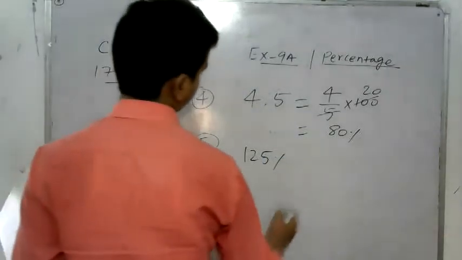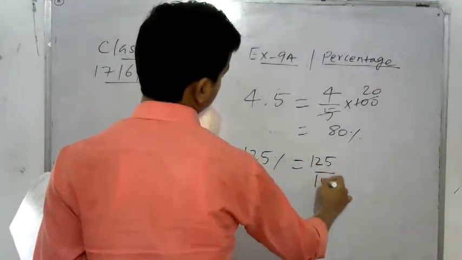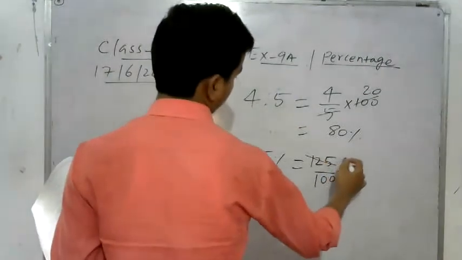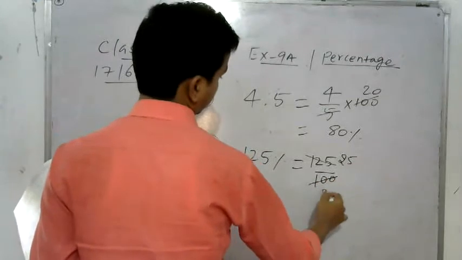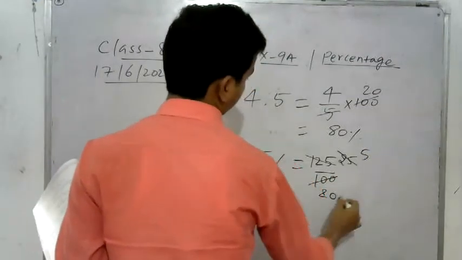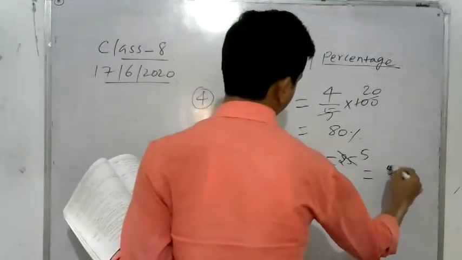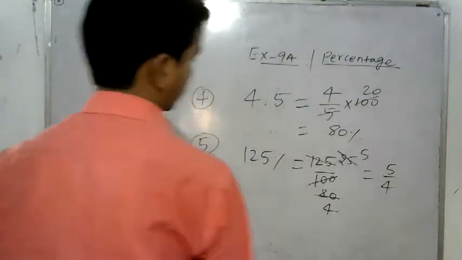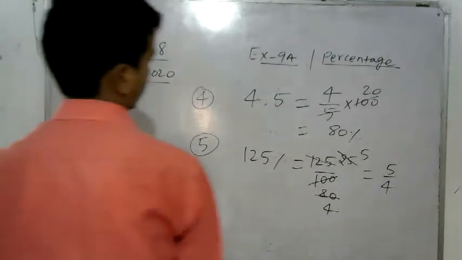So 125%, it will be 125 by 100, and 5 will cancel: 25 times 5 is 125, and 5 20s are 100. So it will be 5 by 4. Okay.